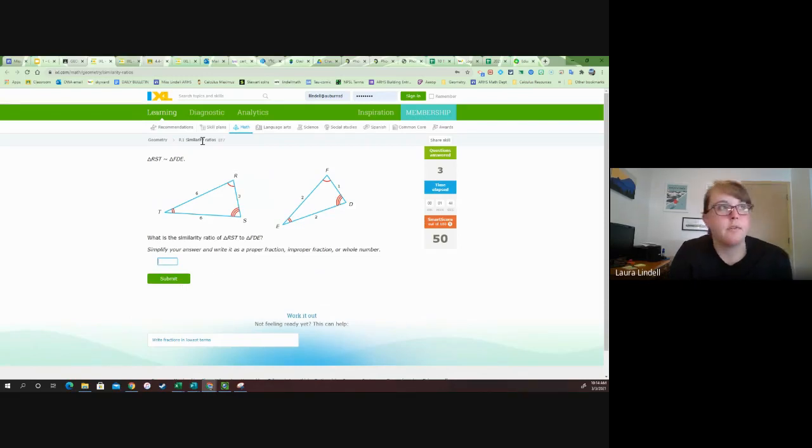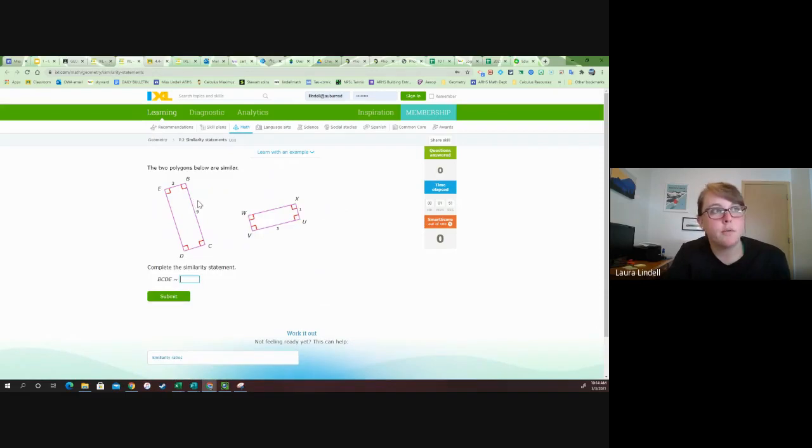Okay, so that's that first IXL section. The second one tells you that the two polygons are similar, and you need to complete the similarity statement. So this one goes BCDE. So it starts off with BC going along a long side. So over here, we would want to also start off going along one of the long sides. So you could go WXUV if you want to.